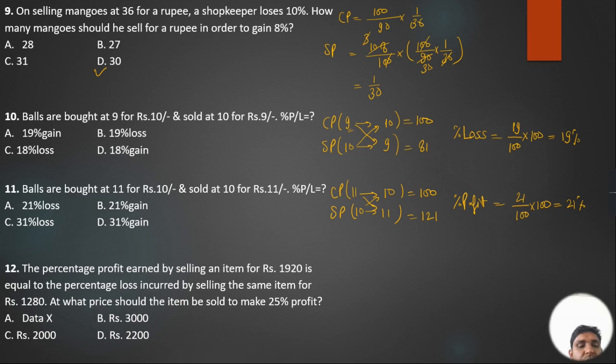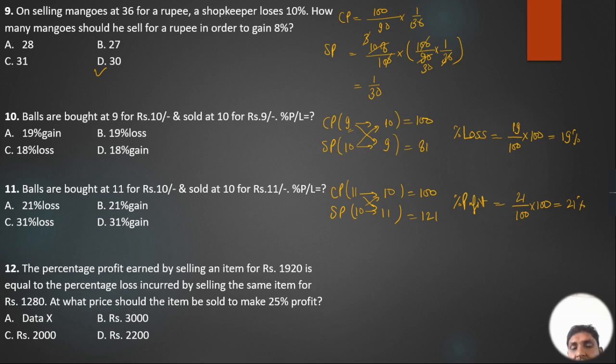At what price should the item be sold to make 25% profit? So students, what is given in the question? You are given a certain profit when selling price is 1920, equal to a certain loss when selling price is 1280.